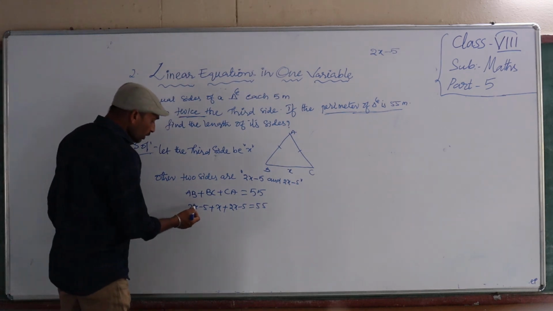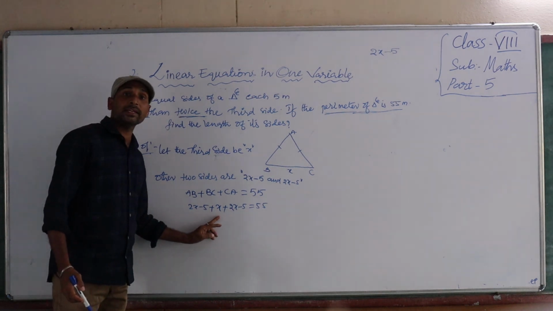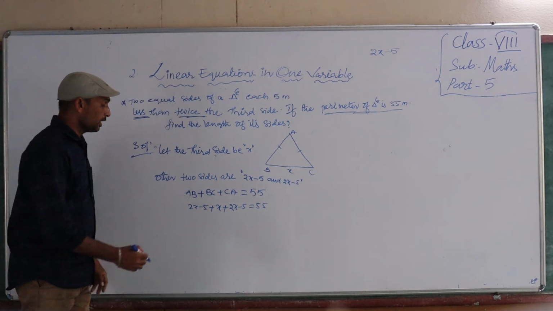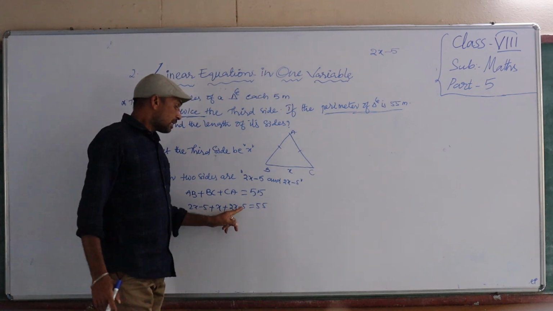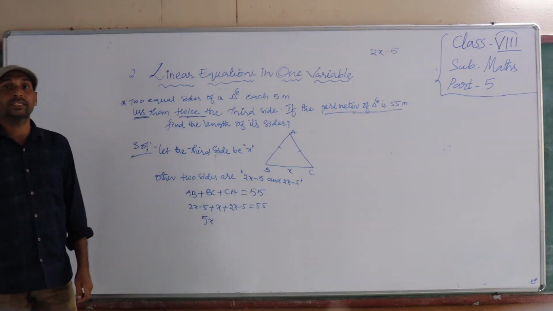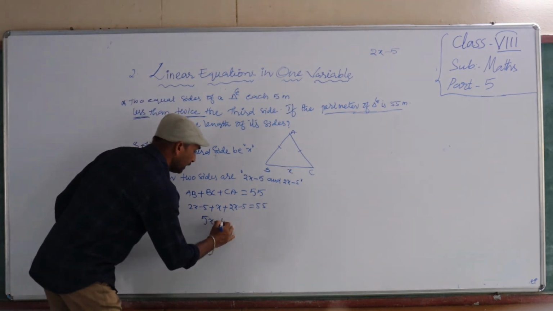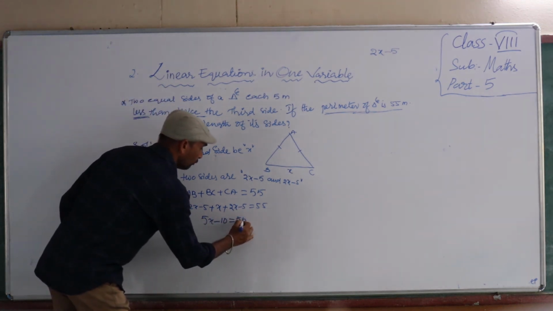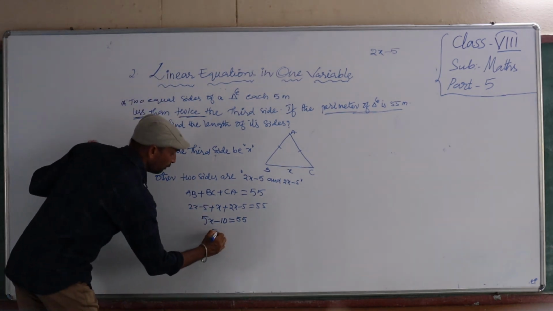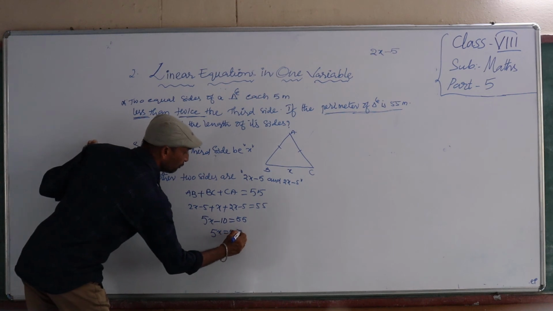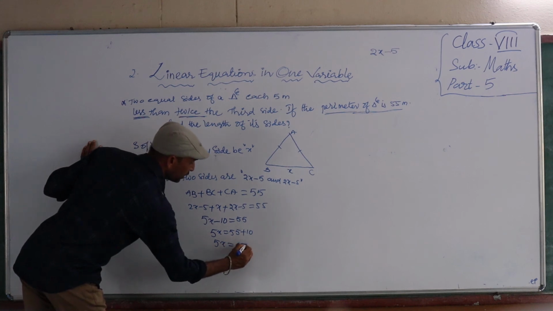Then we should add like terms. 2x plus x, 3x, plus 2x, 5x. Minus 5, both are the same integers with negative symbol, so minus 5 minus 5 is minus 10, equal to 55. Then minus 10 transposes to the right side: 5x is equal to 55 plus 10. Then 5x is equal to 65.